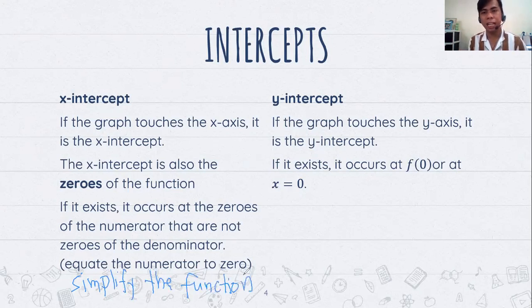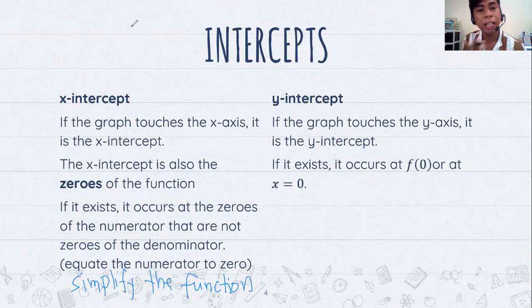Pag sinabi ng simplify, i-check natin kung may makaka-cancel ba, i-factor out natin kung meron bang makaka-cancel, meron bang terms na hindi na-evaluate further or na-simplify further, kasi dapat our function should be in the simplest form before we should find these points such as the intercepts. Okay? So dapat simplified muna ang version natin ng function bago tayo maghanap ng intercept.